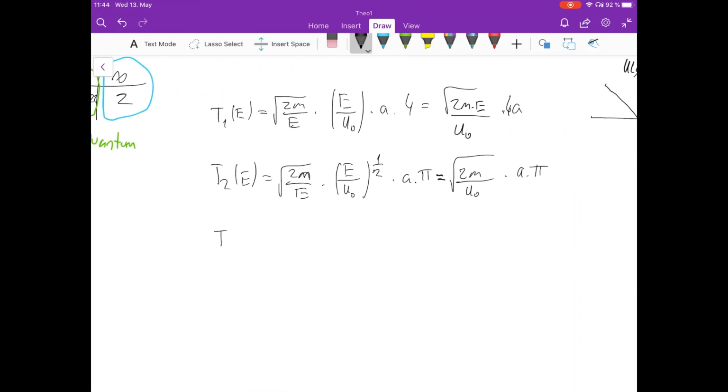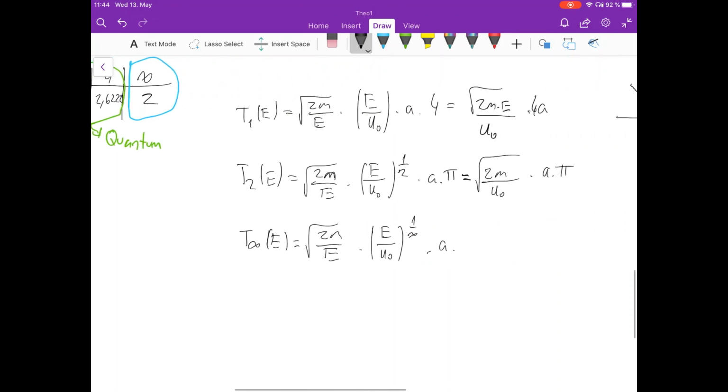So for n equals infinite, I'll also do it. T_infinite of E is going to be the square root of 2m divided by E times (E divided by U_0) to the power 1 over infinite, times a times a_n, and a_n was 2. So let's look at this a bit.